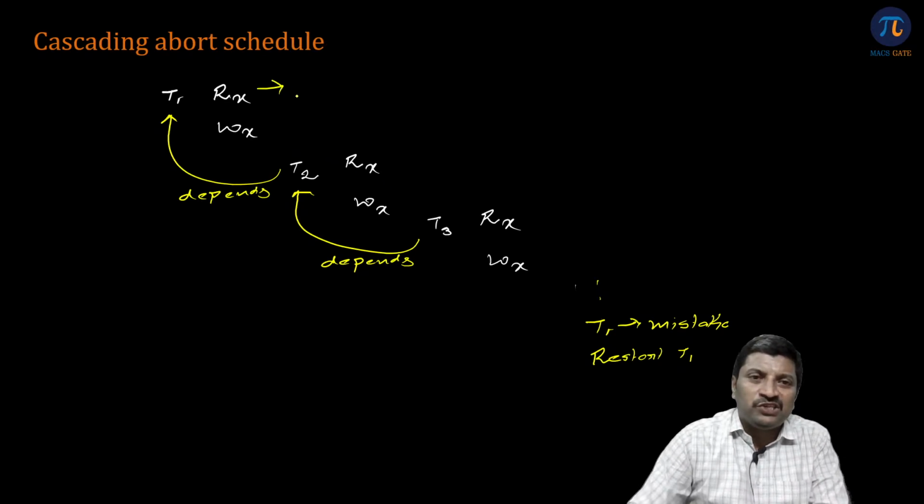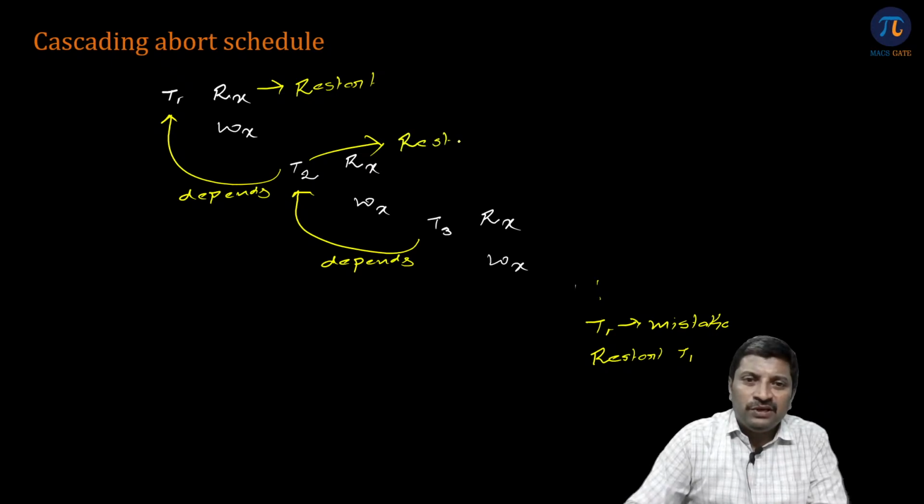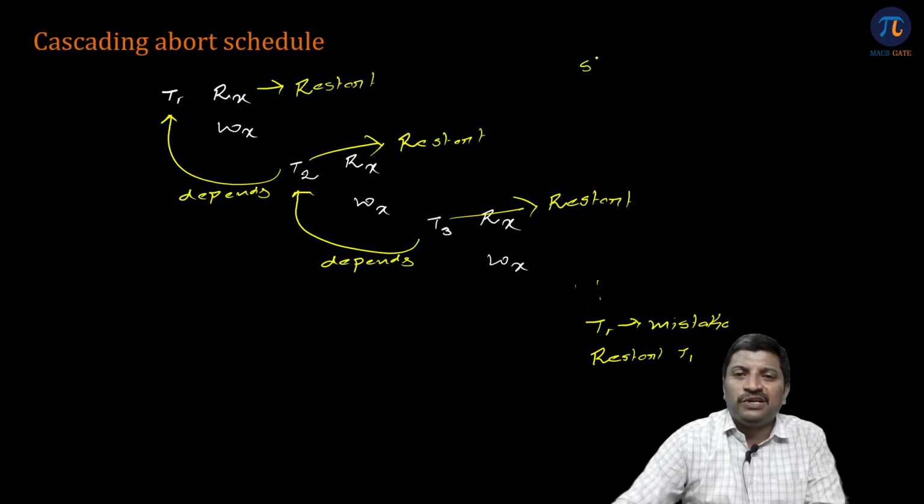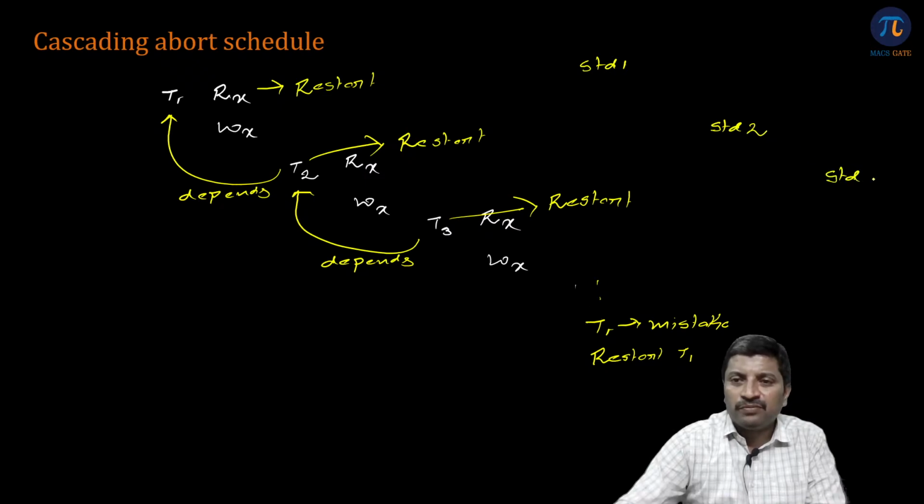Since T3 is depending on T2, when T2 restarts, T3 will also restart. Am I right, sir? The same student example you can take, sir. Student 1, student 2, student 3. Suppose student 2 copied from student 1.